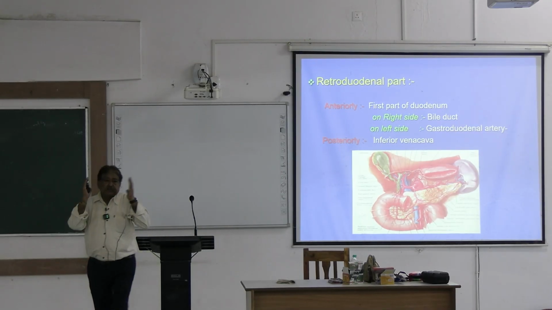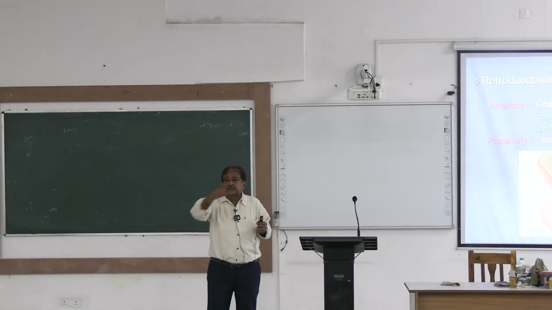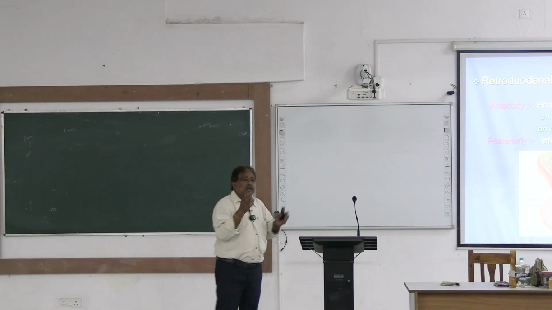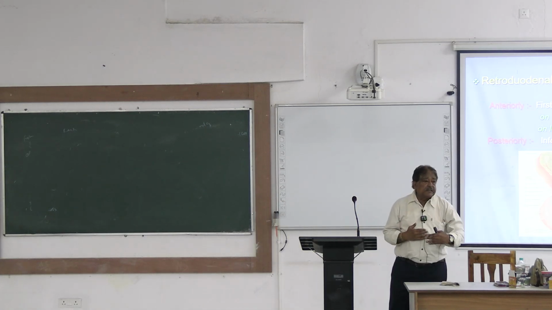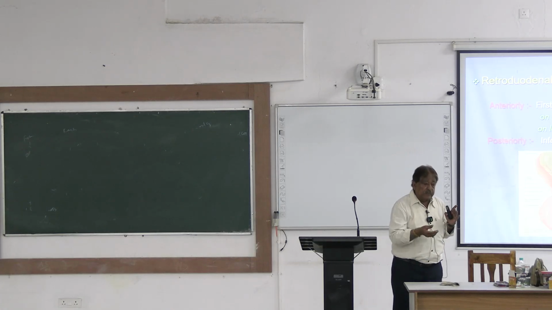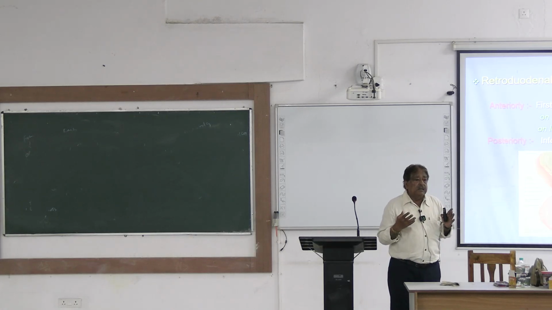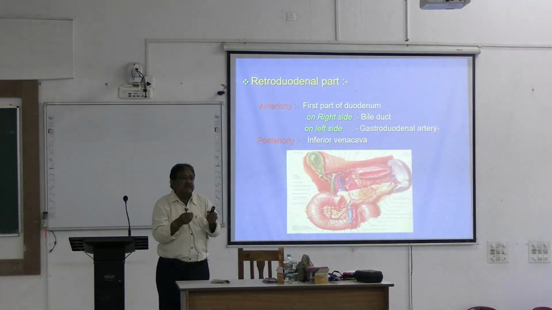You just visualize. See the head of the pancreas and the duodenum, the anterior surface where it is related. It is a big structure. You can feel it, you can see it. Have a look once. Feel it, but don't tamper or destroy the specimen.